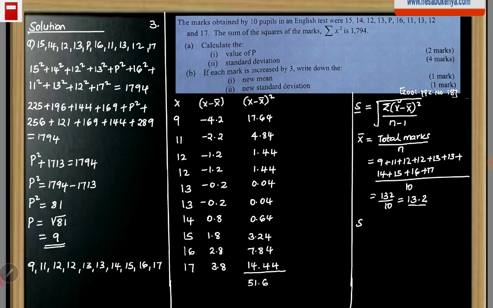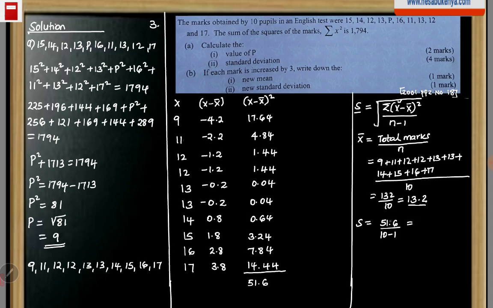So our S will be equal to the square root of the sum of x minus x bar squared, which is 51.6, divided by n minus 1. So 10 minus 1.